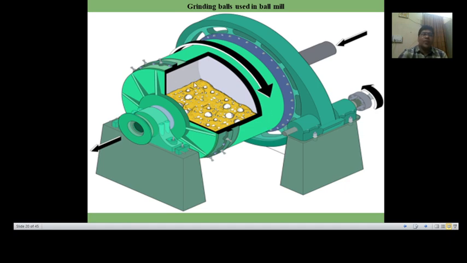Any raw material in powder form or coarse form is subjected to the ball mill, and with the grinding media in it, as the ball mill rotates, the balls move up and then fall down. Due to the impact of these balls, the materials are crushed and ground into fine powder. Like this, such grinding media find application in the grinding process.